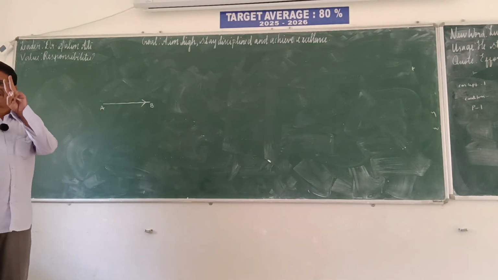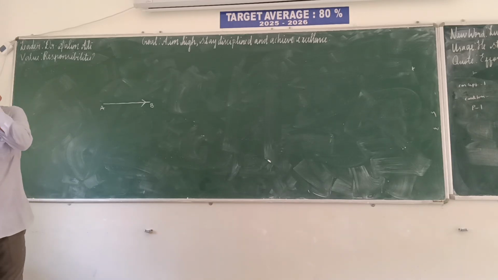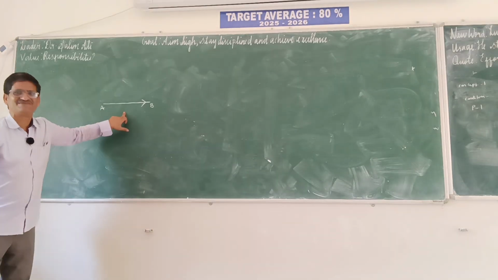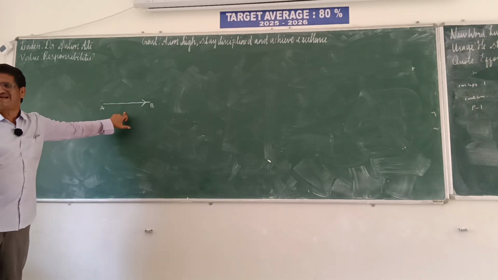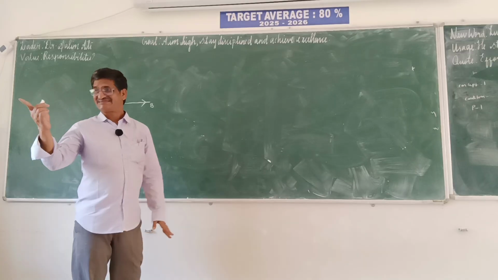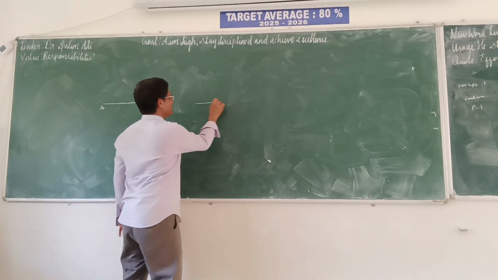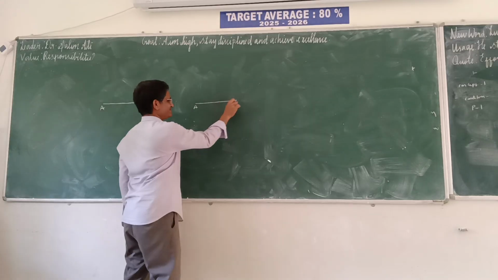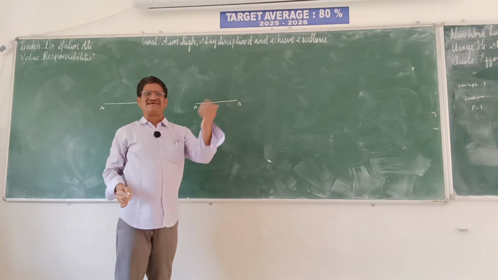There are two definitions in mathematics, different from physics. In that, physics scientists took this definition: a directed line segment. Line segment means, you know, in mathematics, two end points. What is the length of a line segment?